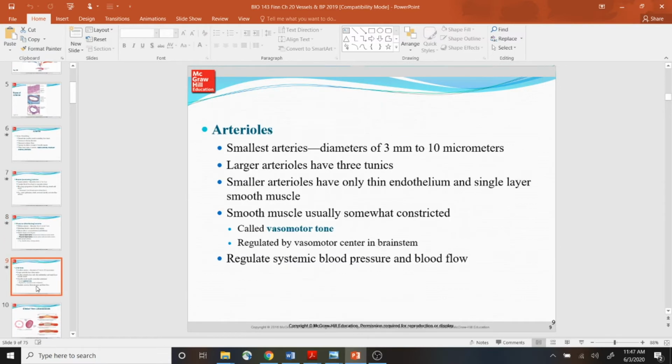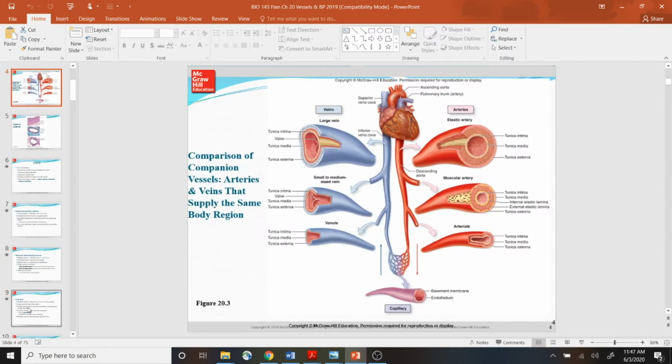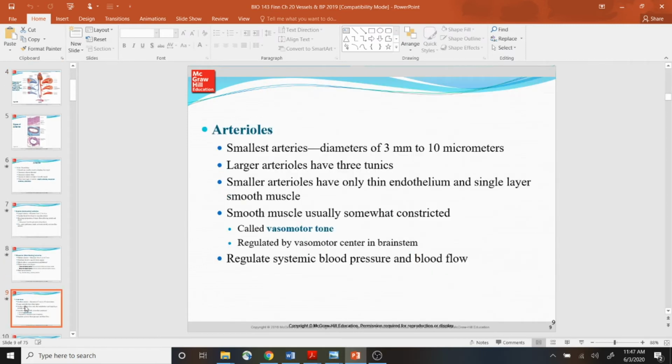And then as we get smaller and smaller, my arterioles, these guys, the smallest arterioles only have a thin endothelial layer and a little bit of smooth muscle. And really, these are the guys that help to regulate our blood pressure and blood flow, because if the smooth muscle contracts, we get a little vasoconstriction.